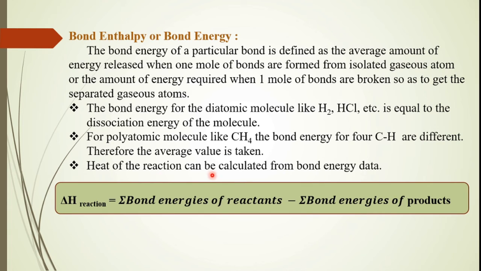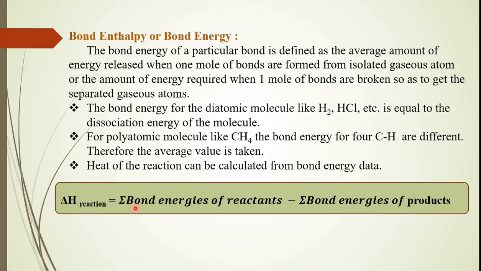Heat of the reaction can be calculated from the bond energy data. Till today's lecture, we know that the heat of the reaction can be calculated by using the values of enthalpies of formation of each molecule. But from this lecture, we know that the heat of reaction can also be calculated by knowing the bond enthalpies of the respective bonds. And how is it done?